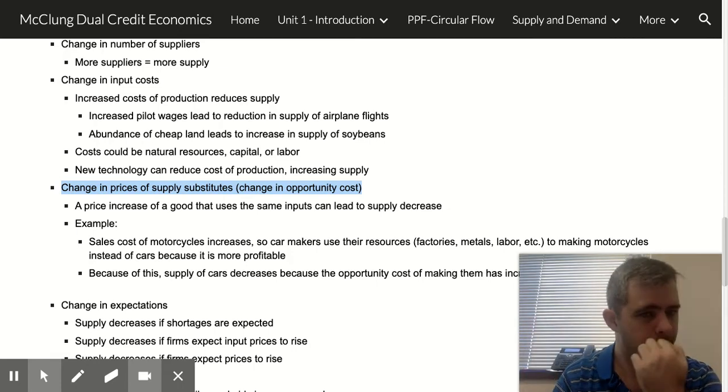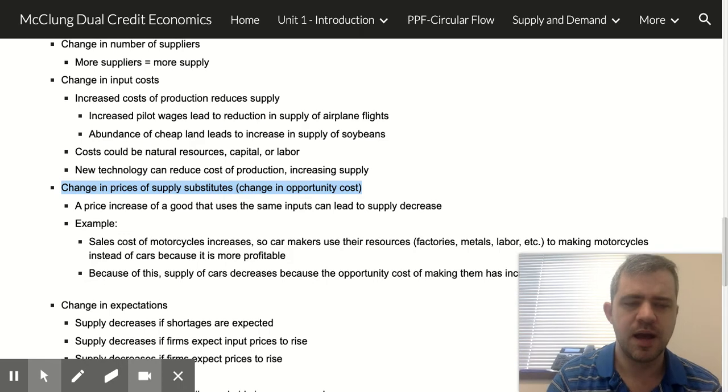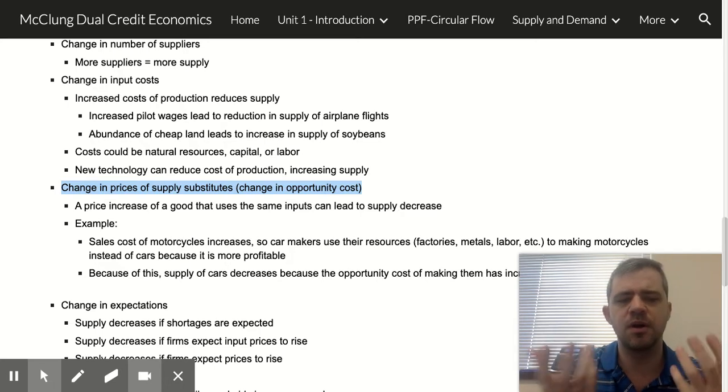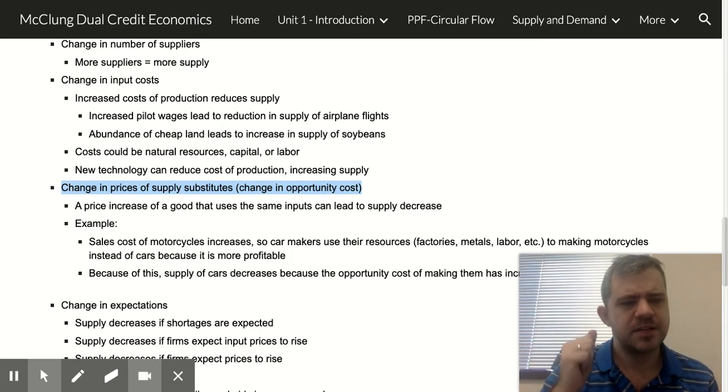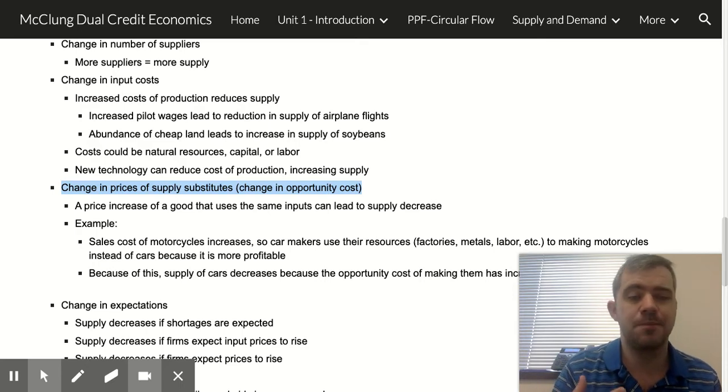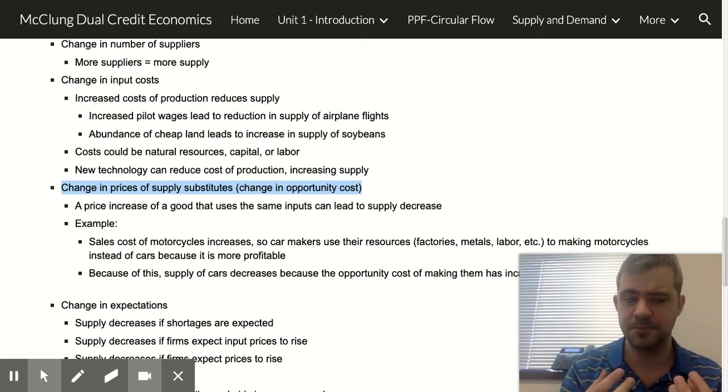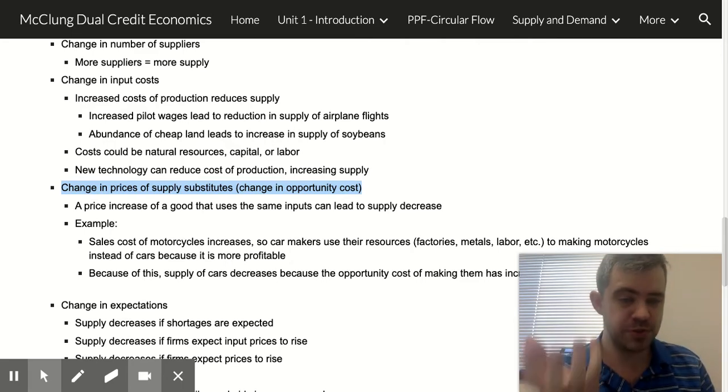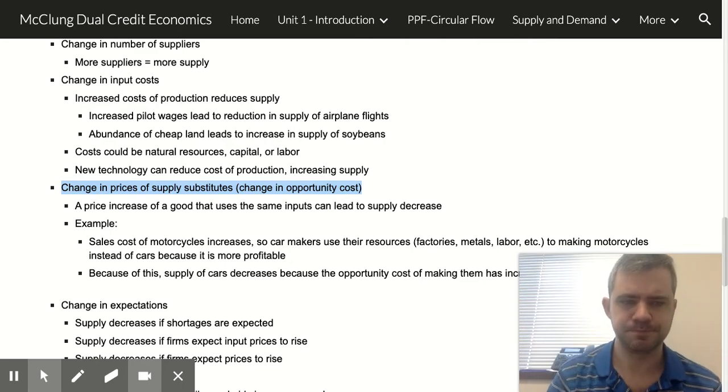Like, maybe I'm going to consume hot dogs instead of hamburgers. Those are things where I would consume this instead of this. Supply substitutes are where I have the same inputs, the same resources, and I say I'm going to produce this instead of this.